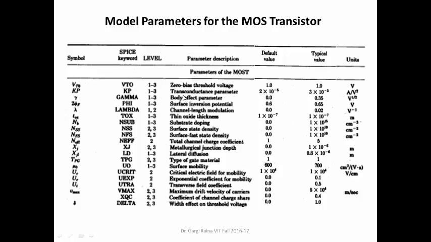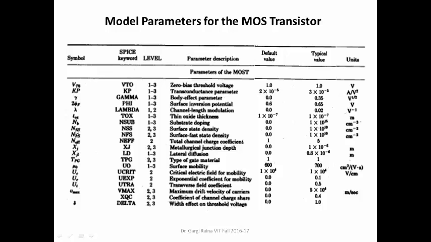So among the various parameters, you have the transconductance parameter designated by Kp, gamma the body effect parameter, phi the surface inversion potential 2phi, the channel length modulation designated by lambda, Tox the thin oxide thickness, and N sub the substrate doping, then surface state density by NSS, NFS the surface fast state density, and N effective the total channel charge coefficient.